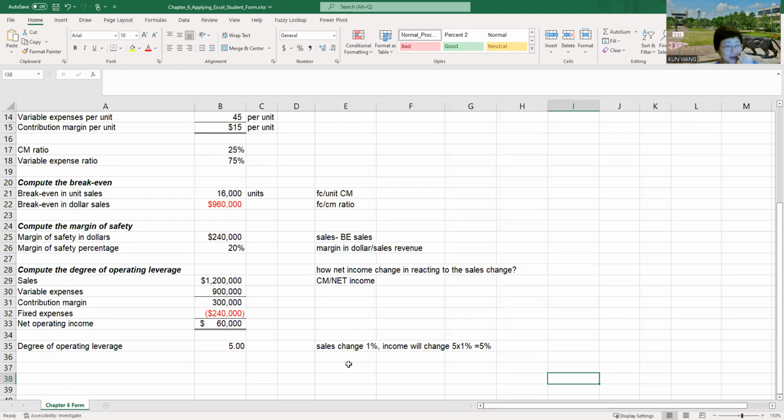Some companies have higher leverage and some have lower leverage. If you have a lot of fixed expense, your leverage ratio will be high, like the energy companies, because they have lots of fixed asset investment.